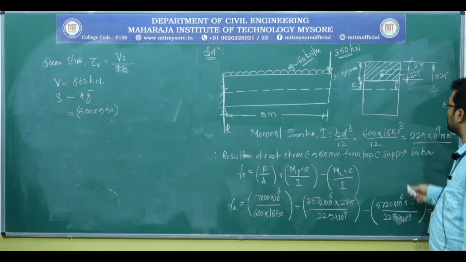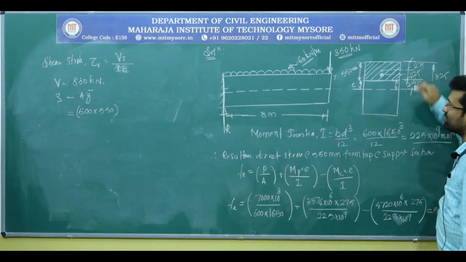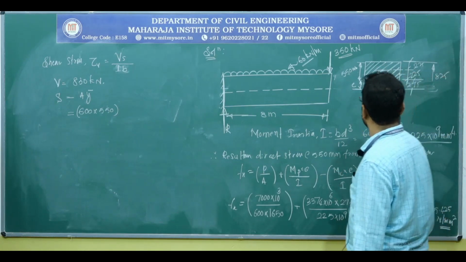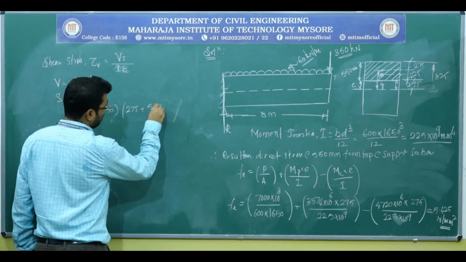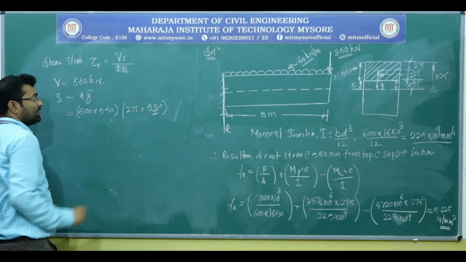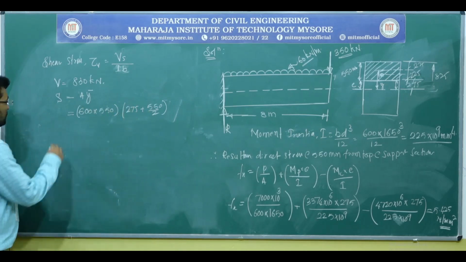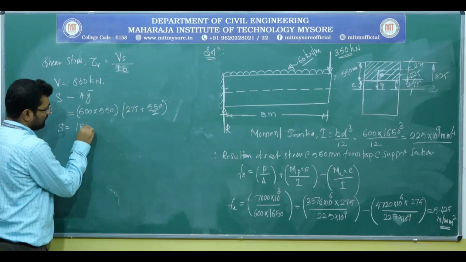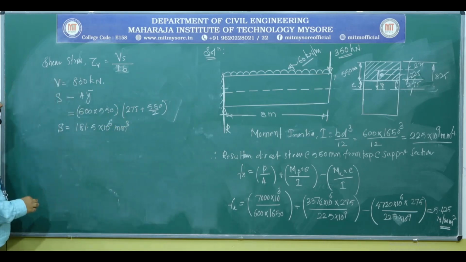Eccentricity is 275. So 275 plus 225 is the Y. So Y is 275 plus 550 by 2. After calculation this gives me a value of 181.5 into 10 to the power 6 millimeter cube.